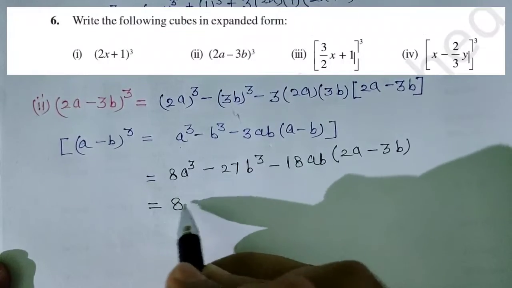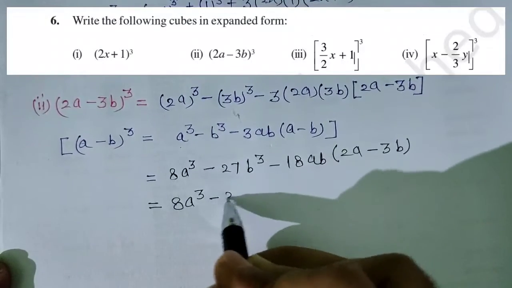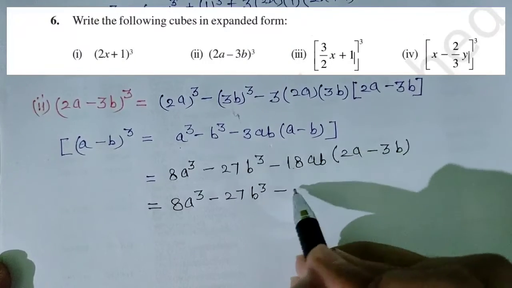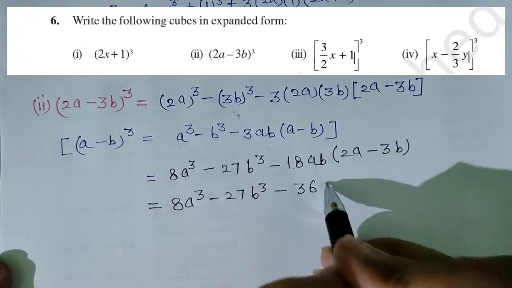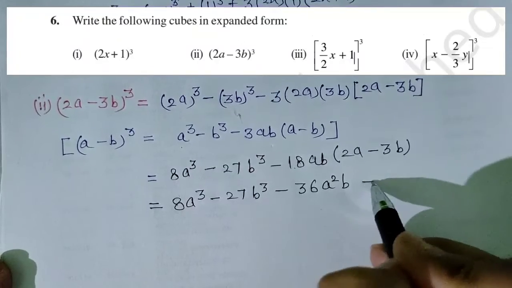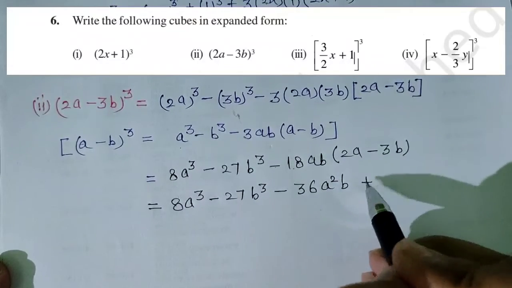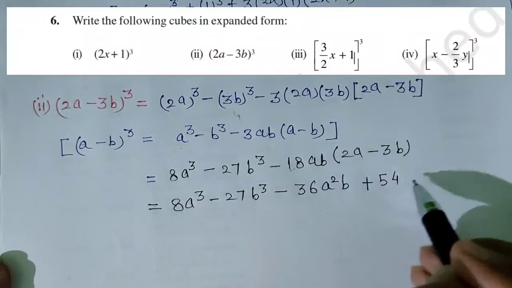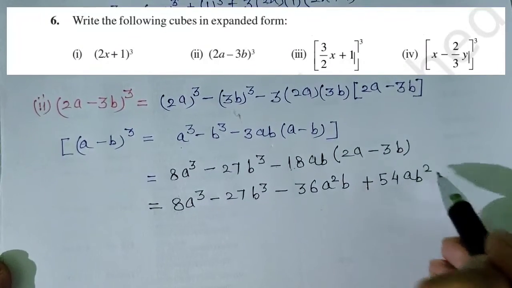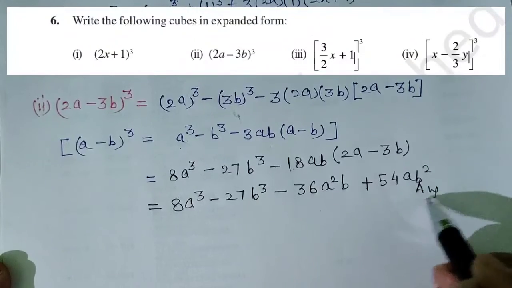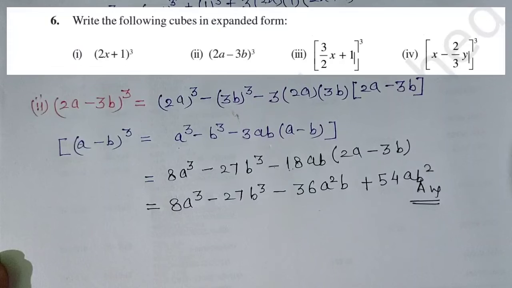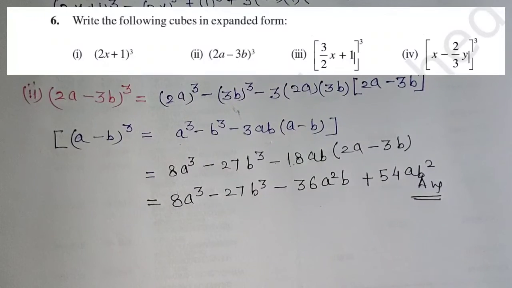Now we will rewrite this. 18 2s are 36, a square b, minus minus plus 18 3s are 54, ab square. So this is the final required answer. Thank you. Similarly, you can attempt the third and the fourth part.